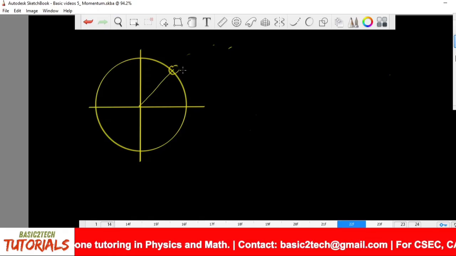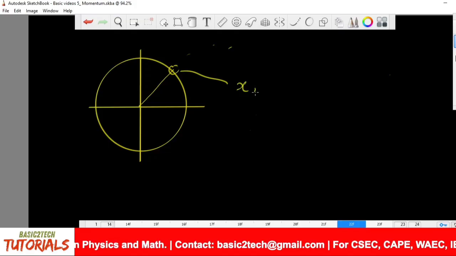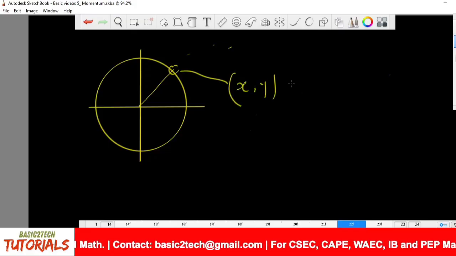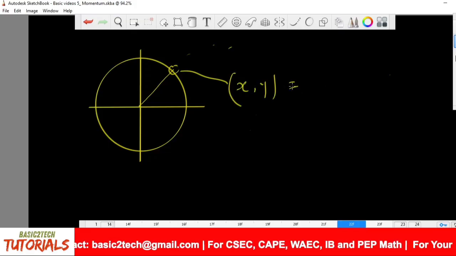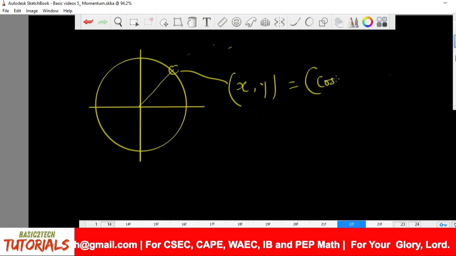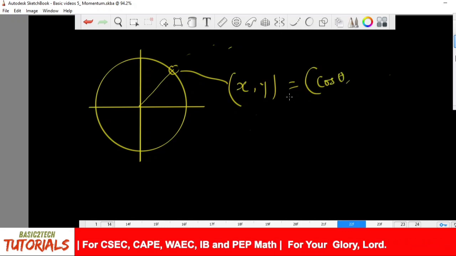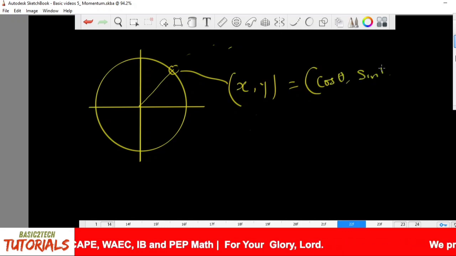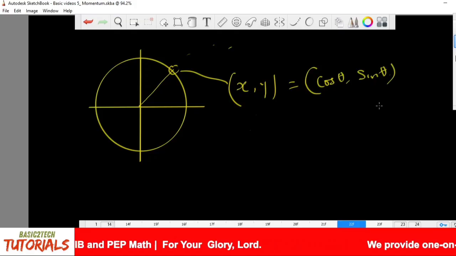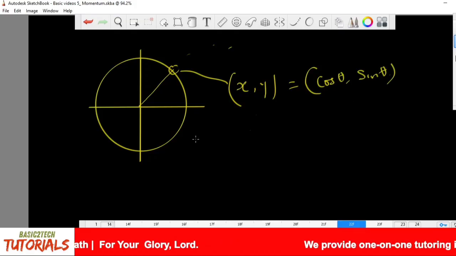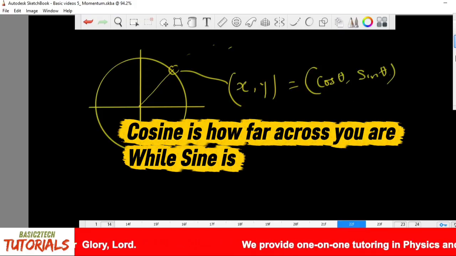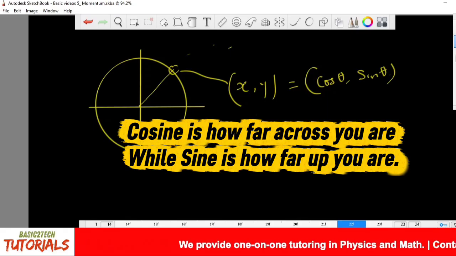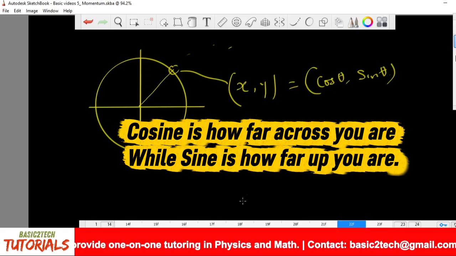So the coordinate at this point is (x, y). The x coordinate is cosine theta, while the y coordinate is sine theta. That is why the diagram you are looking at matters. Cosine is just how far across you are, while sine is how far up you are.